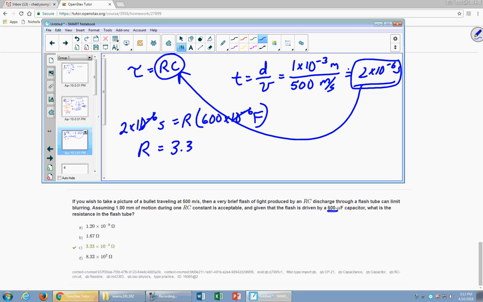Right, because the time to travel this distance is 2 microseconds. That's 2 times 10 to the minus 6. And that's 1 time constant. Okay? Then your 2 millimeters would come in up here.